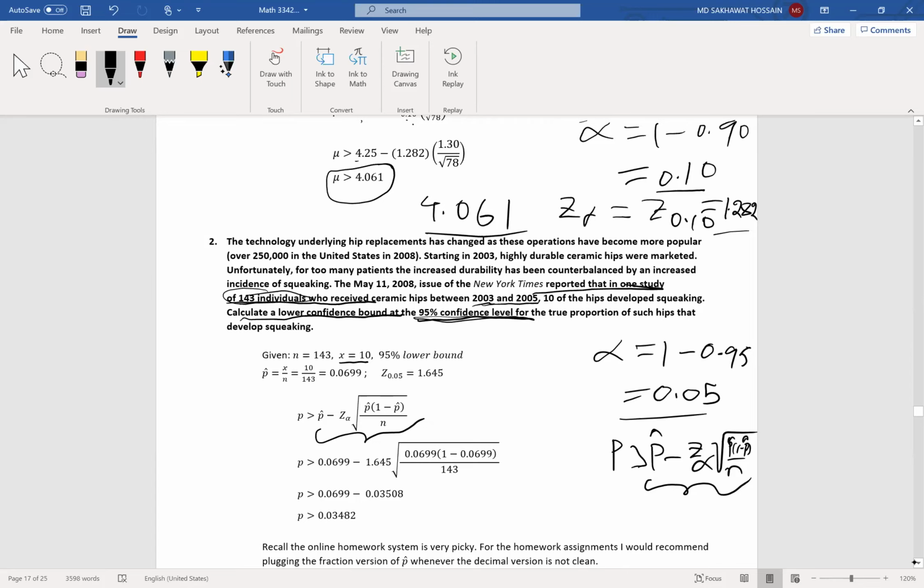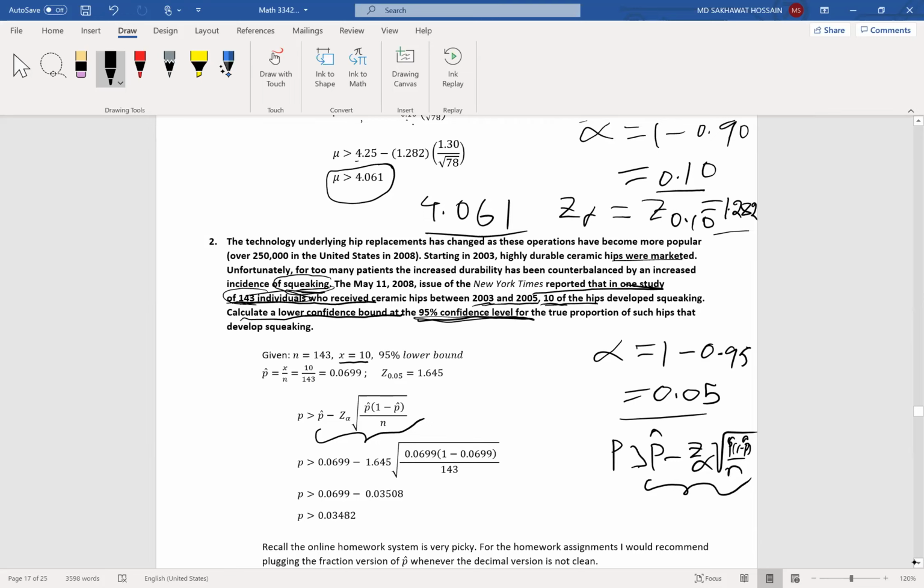If we read the question, the technology underlying hip replacements has changed as these operations have become more popular. Starting in 2003, highly durable ceramic hips were marketed. Unfortunately, for too many patients, the increased durability has been counterbalanced by an increased incidence of squeaking. So here our interest is how many hip replacements are squeaking. 10 of the hips developed squeaking out of 143.